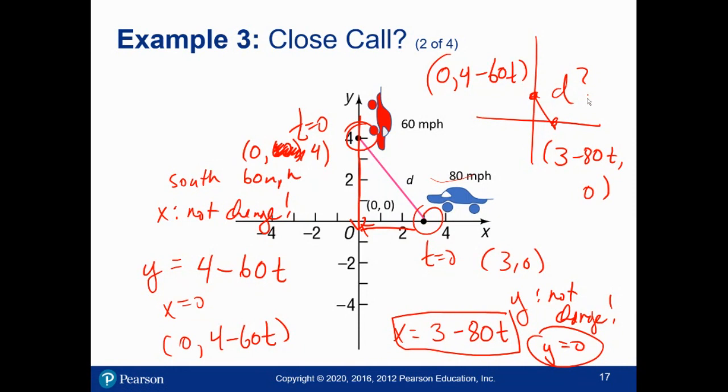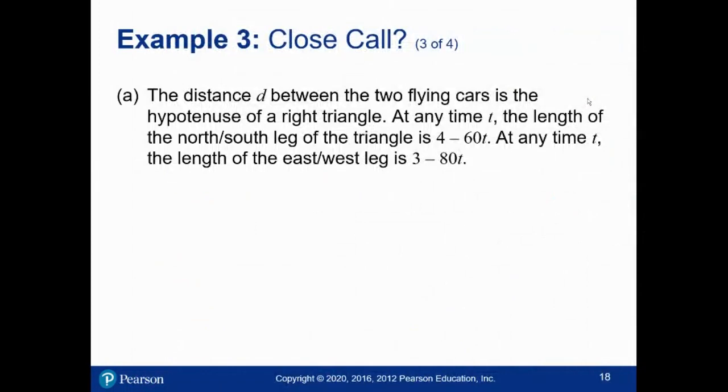Okay, so now that we actually have some functions for where our cars are, if you couldn't answer it before, maybe now you can do the rest of this problem. Express the distance between the cars as a function of time and find when they're closest. Okay, so we've got fundamentally a right triangle going on where this length was 4 minus 60t, and this length was 3 minus 80t.